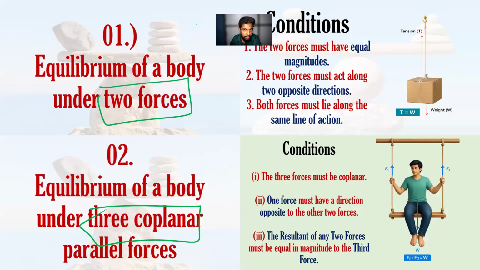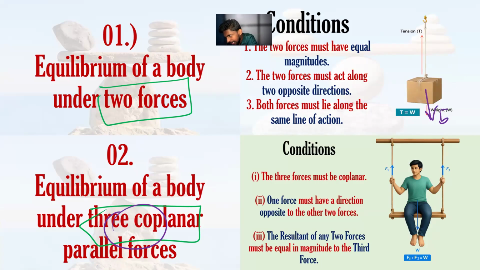Under 2 forces, we will have only 2 forces. 3 forces mean 3 forces, but they will be parallel. And here there is no need to talk about the parallel and all. Okay, fine.